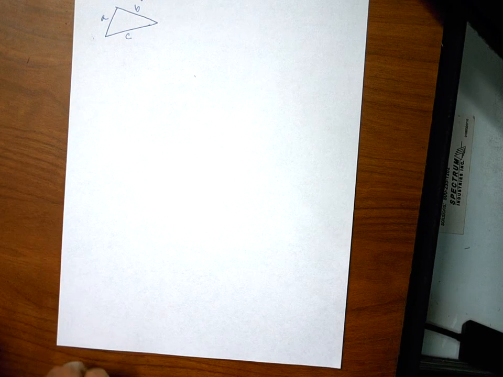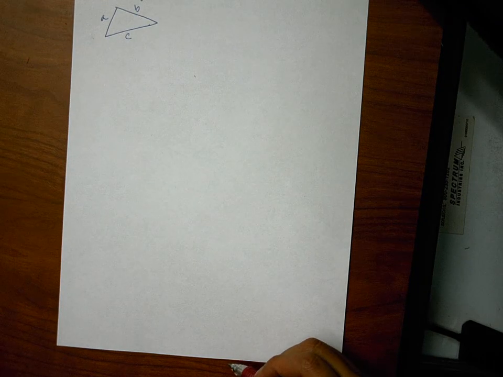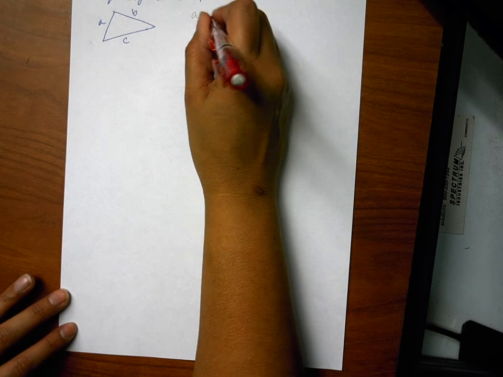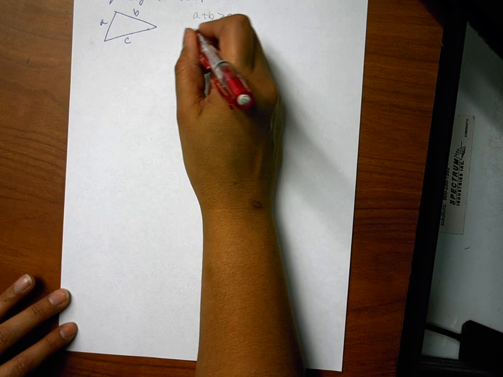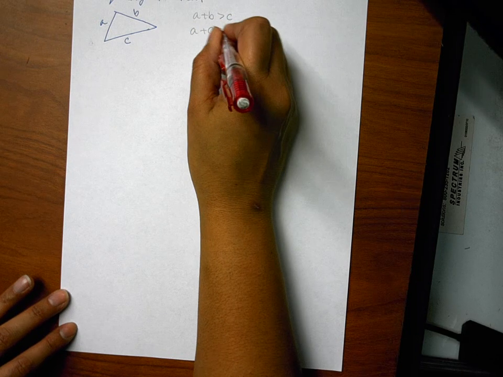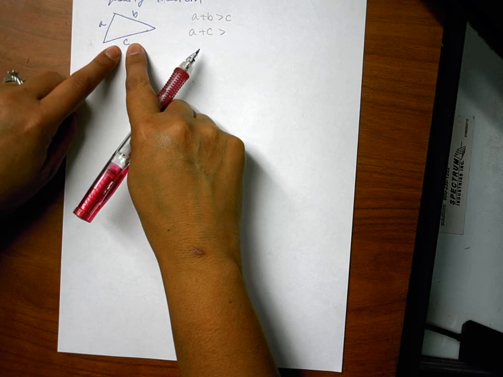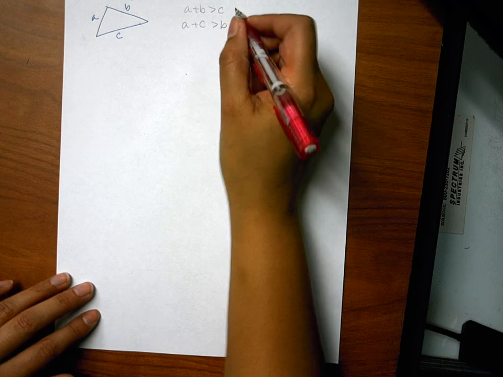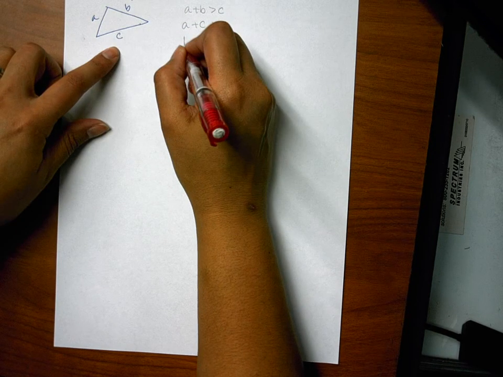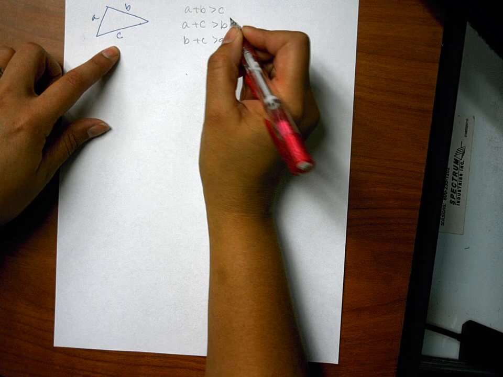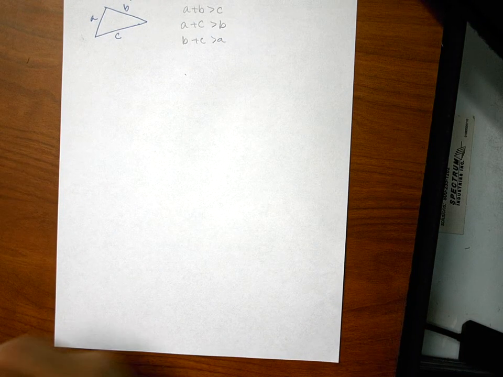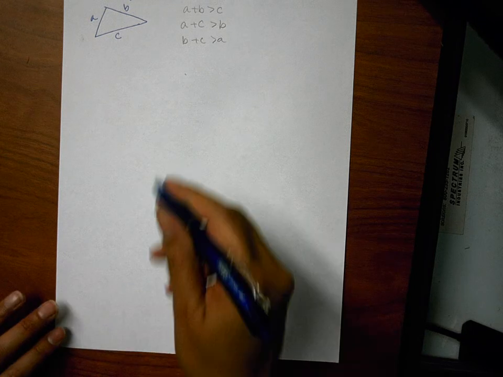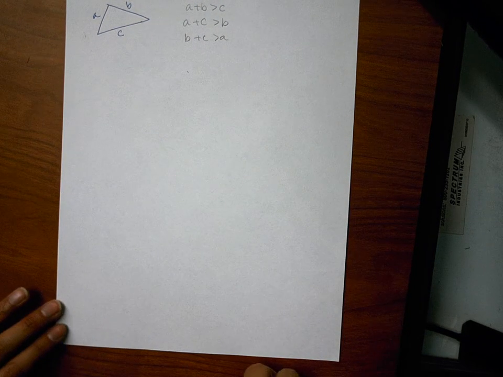Side A, side B, side C. And the theorem states the sum of any two sides will always be bigger than the third. A plus B will be bigger than C. A plus C will be bigger than B, and B plus C will always be bigger than A. The sum of any two sides will always be bigger than the third.